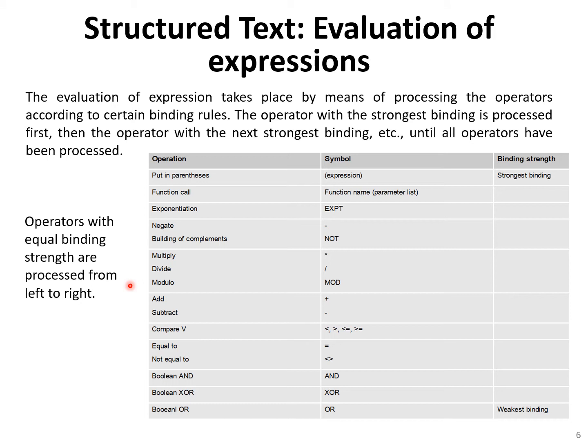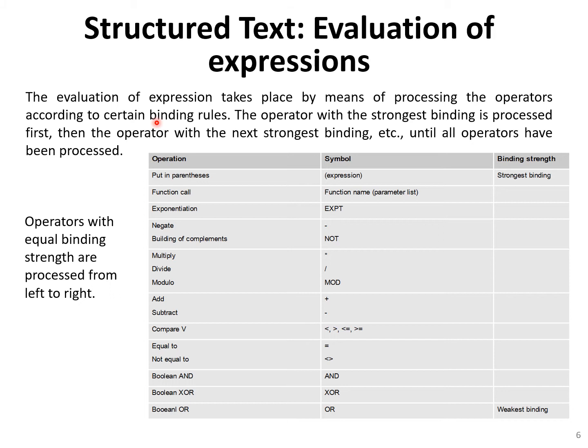Structured text, evaluation of expressions. The evaluation of expressions takes place by means of processing the operators according to certain binding rules. Okay, so let's see what these binding rules are. The operator with the strongest binding is processed first.